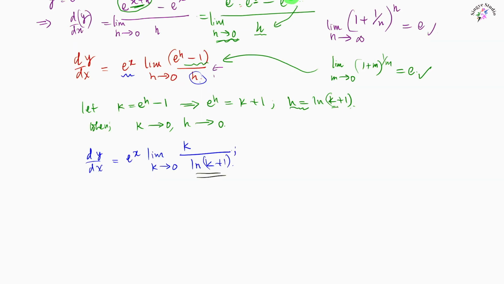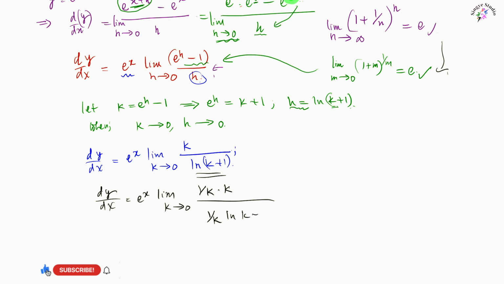Now we can further modify this by dividing both numerator and denominator by k to reduce it to one of these forms. So dy upon dx equals e raised to x times the limit as k approaches 0 of (1 over k times k) divided by (1 over k times ln(k plus 1)). Okay, which will be e raised to x times 1 upon ln of (k plus 1) whole raised to 1 over k, as k approaches 0.